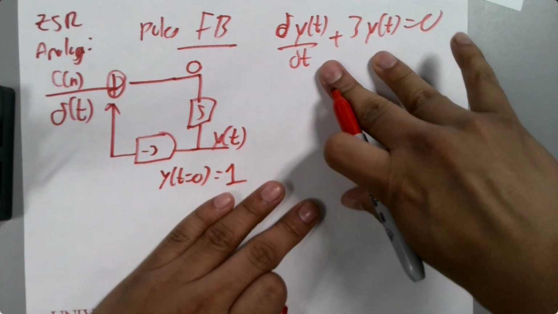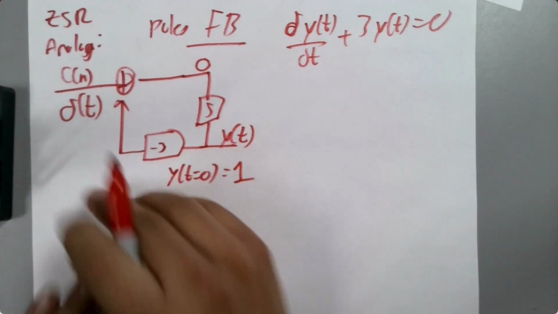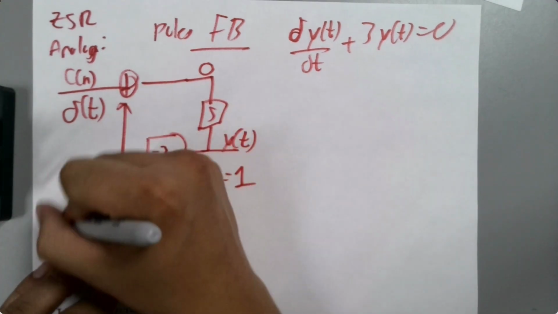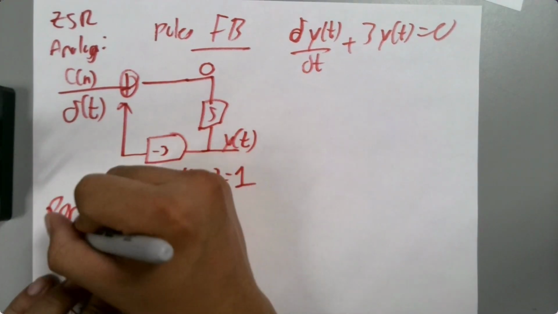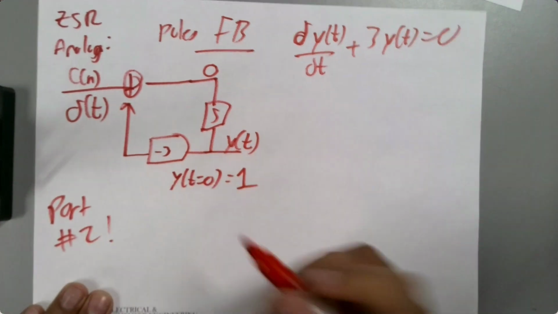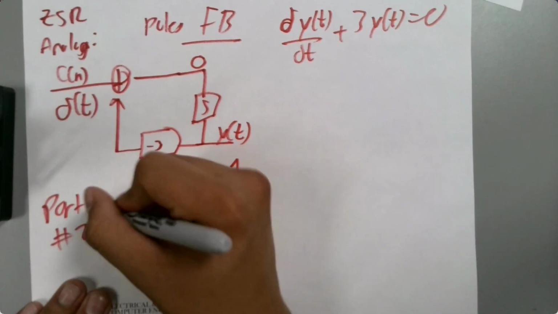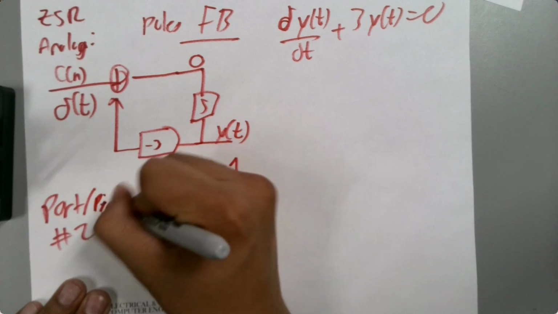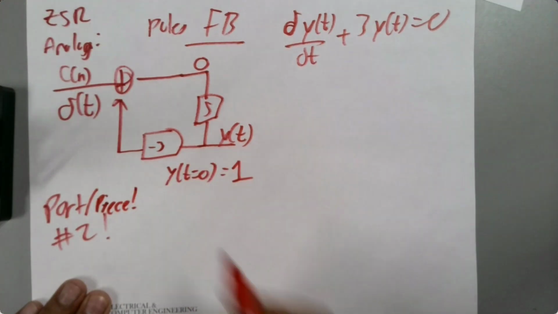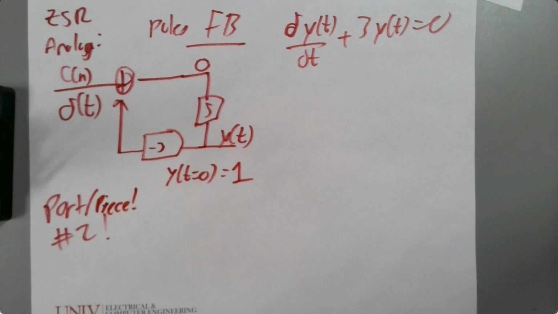We're looking purely at the feedback. There's no feed forwards. We're just building this piece. Part number 2. We're looking purely at this piece, just at the feedbacks.